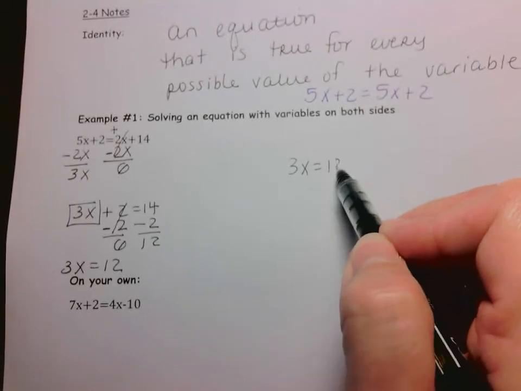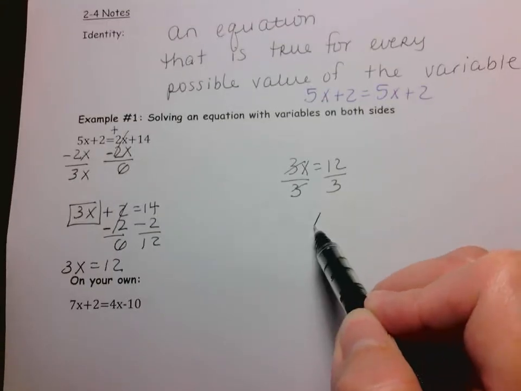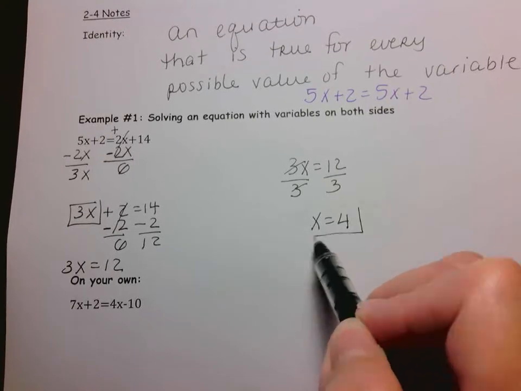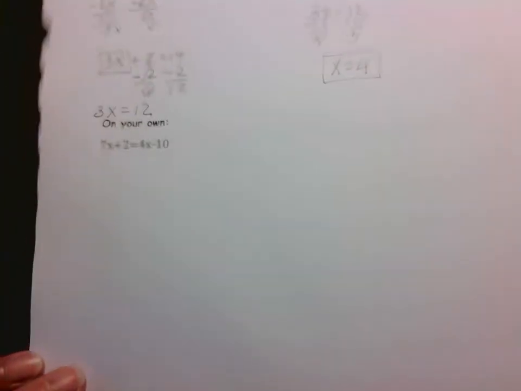I have 3x equals 12. I'm going to divide both sides by 3, and that gives me x equals 4. And then again, to check your answer, you just plug it back in. And you're asking yourself, well, when x is 4, is this equation true? Okay, so go ahead and hit pause and work this out on your own.